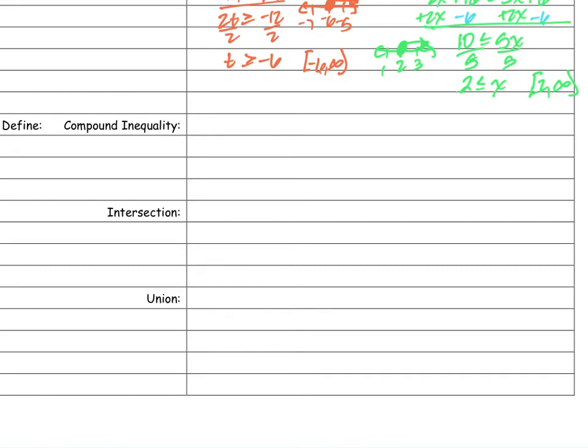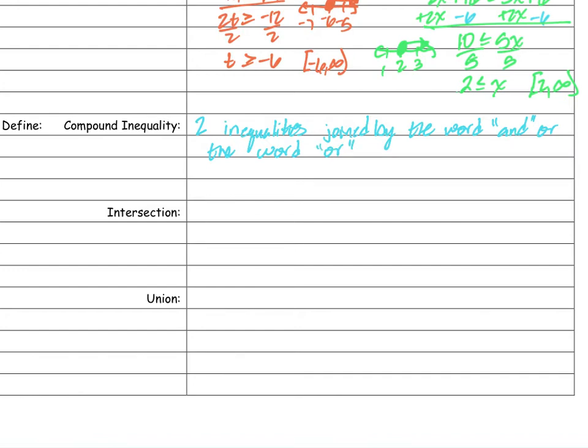Okay, so here we go with our definitions. A compound inequality is two inequalities joined by the word and or the word or.